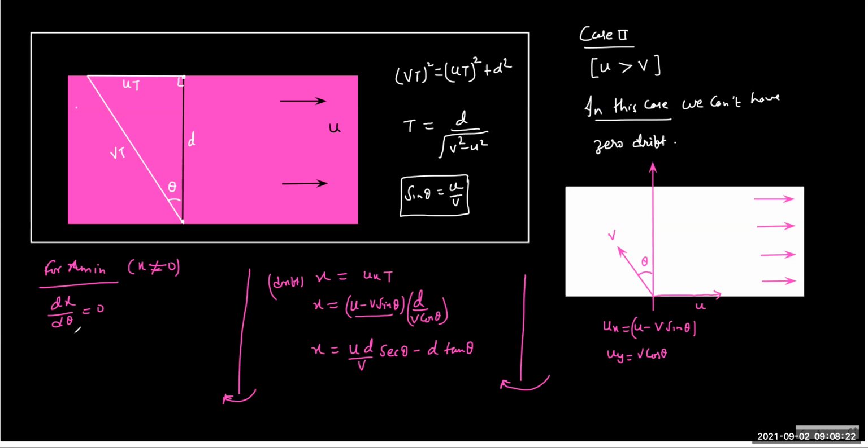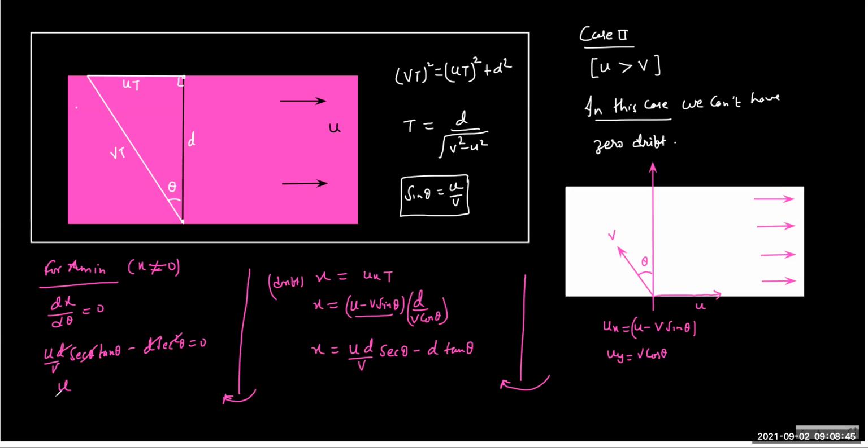So x minimum, we can differentiate to 0, and if you do so, what do you get? You will see that ud by v sec theta tan theta minus d, and now d sec theta will cancel out.